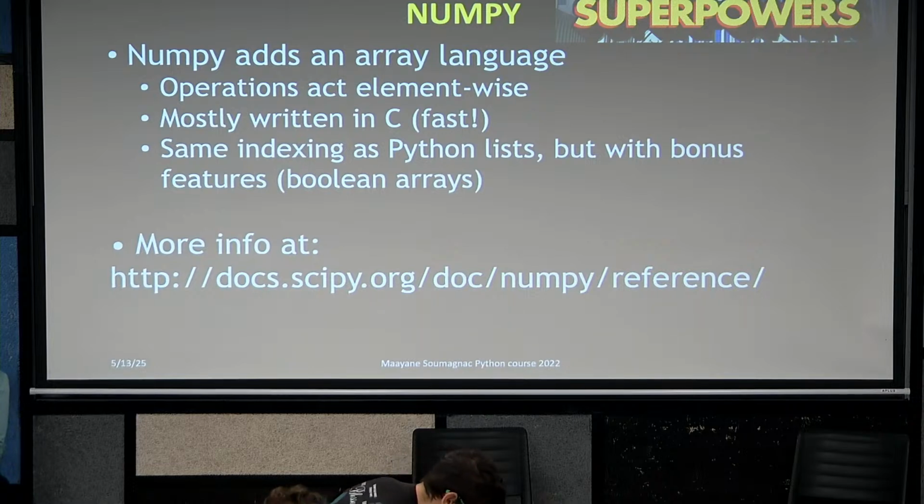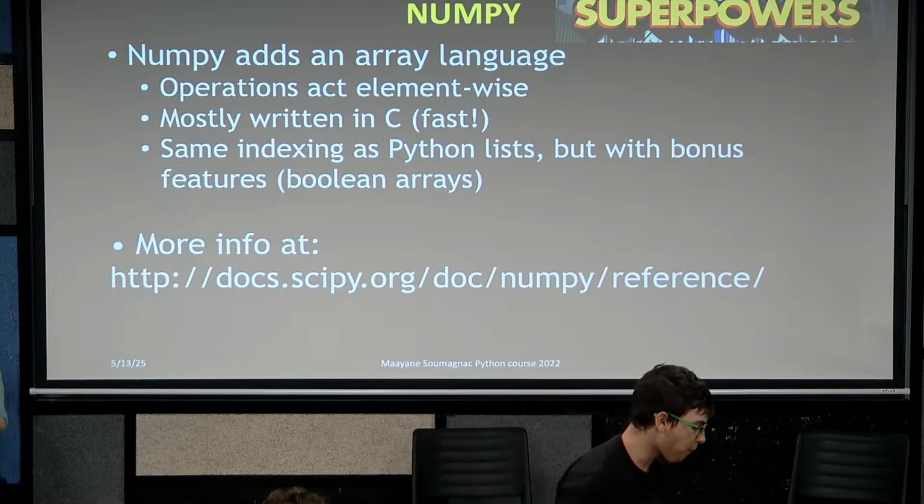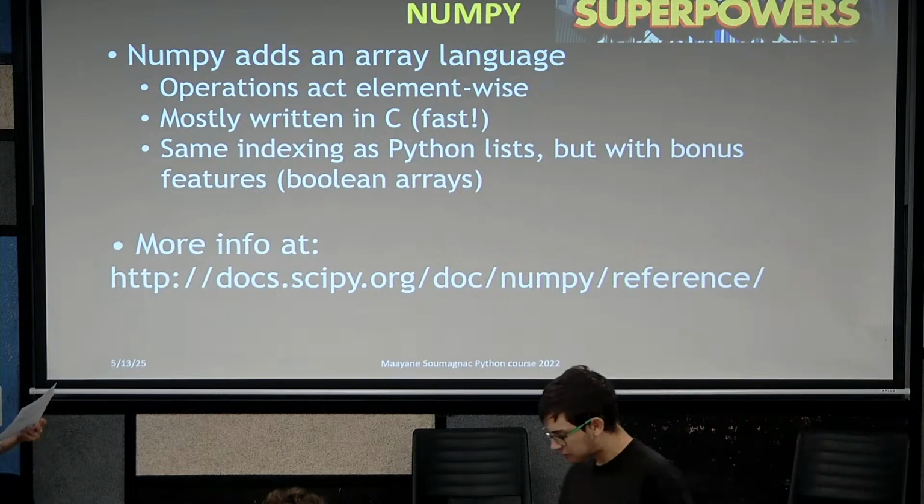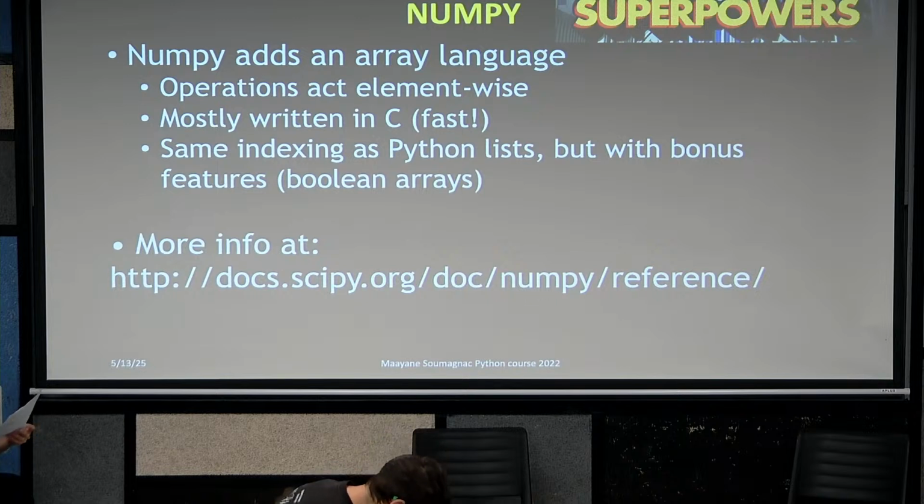So a few important things when you work with NumPy arrays. I told you that NumPy is mostly written in C, so it's inheriting the efficiency of C. Operations are done element-wise.